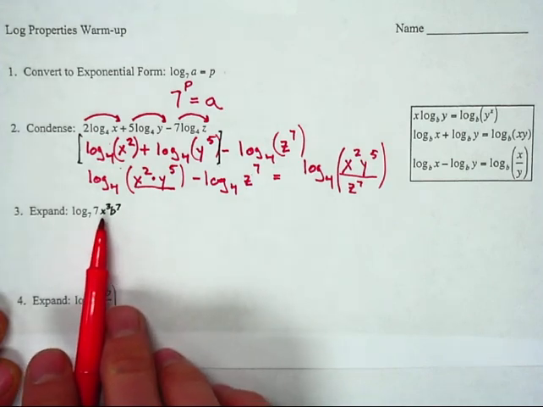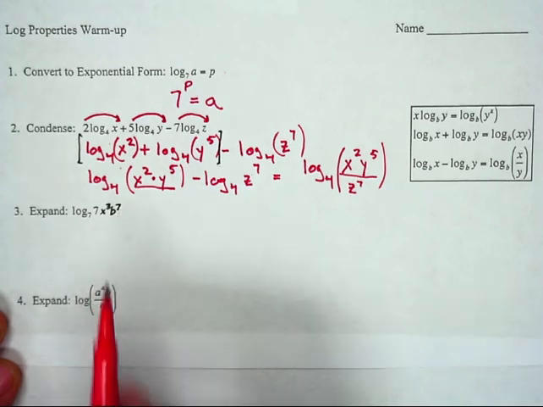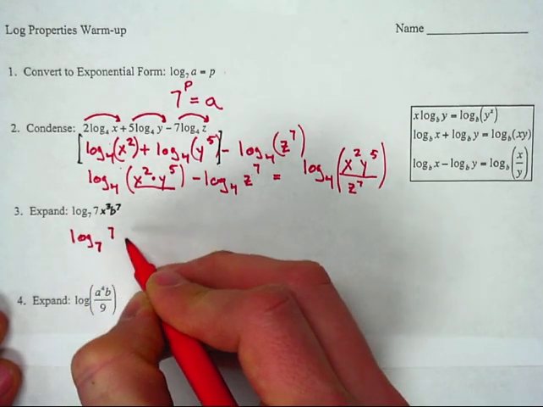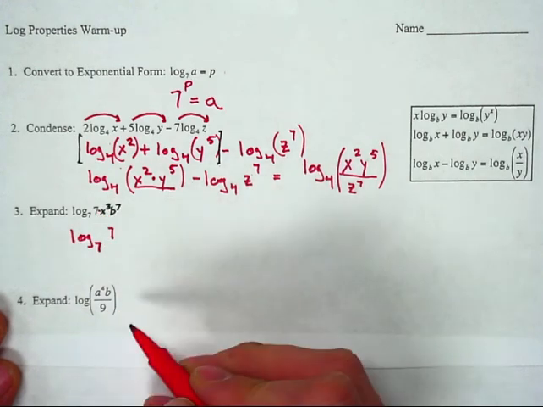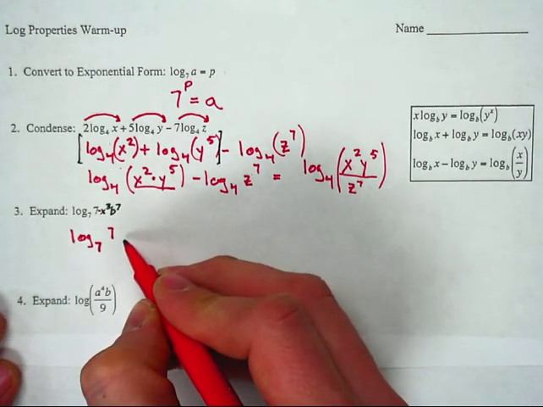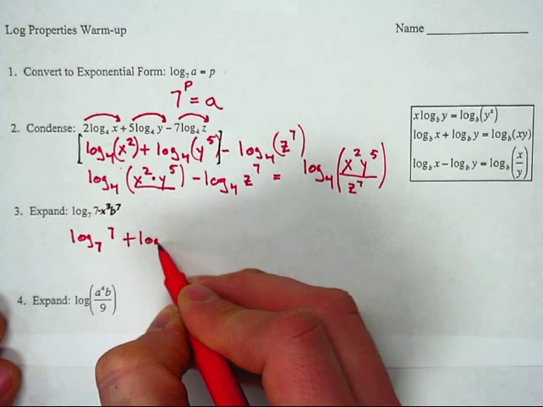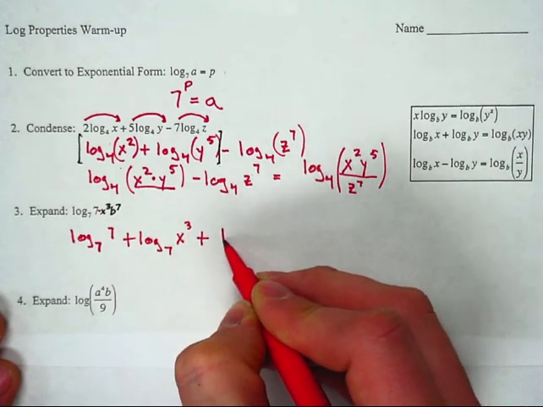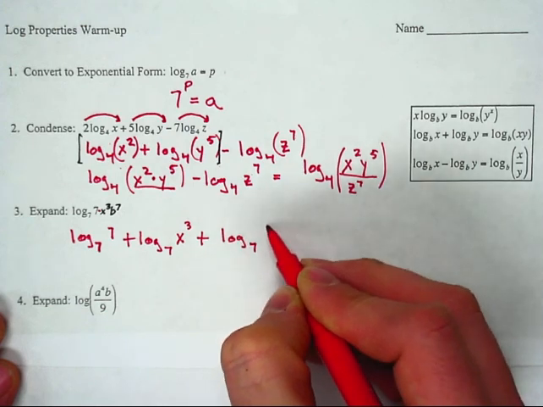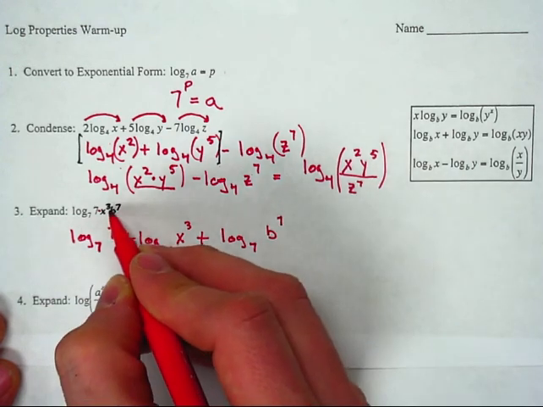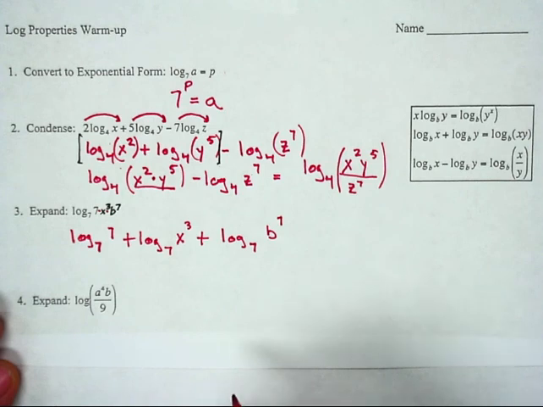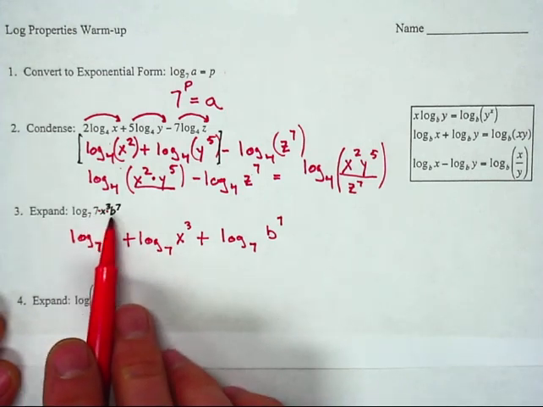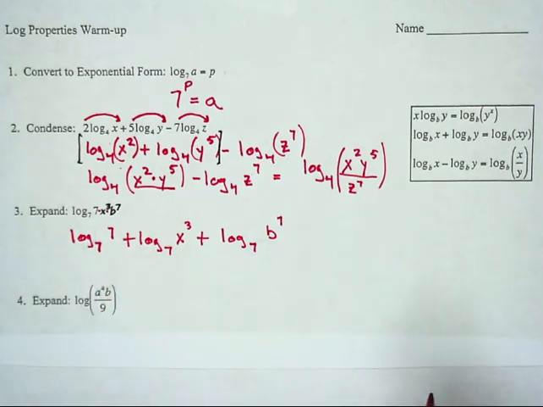You have 7, you have x cubed, and you have b to the 7th. So we're going to write this as log base 7 of 7, because that's one part where we're multiplying, plus log base 7 of x cubed and plus log base 7 of b to the 7th. Right? So we have 3 factors of this product. So we have 3 terms in our logarithm.